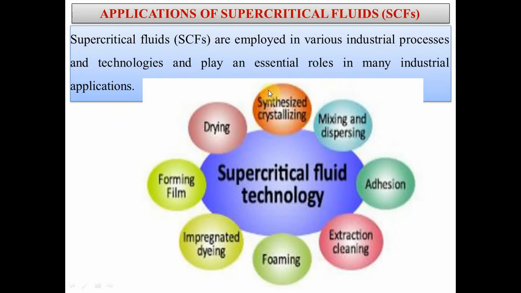Now, applications of supercritical fluids. Supercritical fluids have applications in various industrial processes and technologies, like drying, synthesizing, crystallizing, mixing and dispersing, addition, extraction, cleaning, foaming, immersion dyeing, forming film, etc.